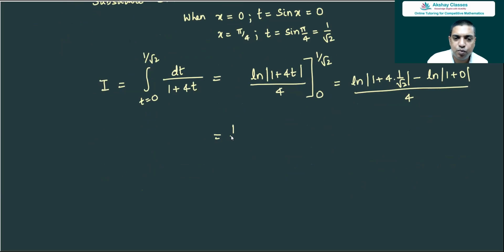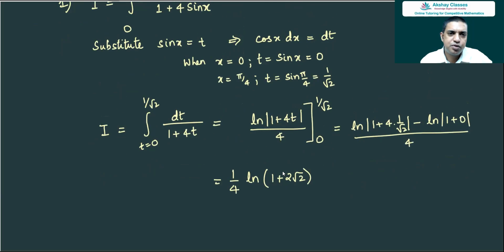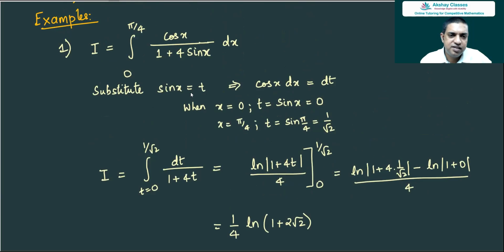So what we get is 1 upon 4 log of 1 plus 2 times under root 2. This is the answer.